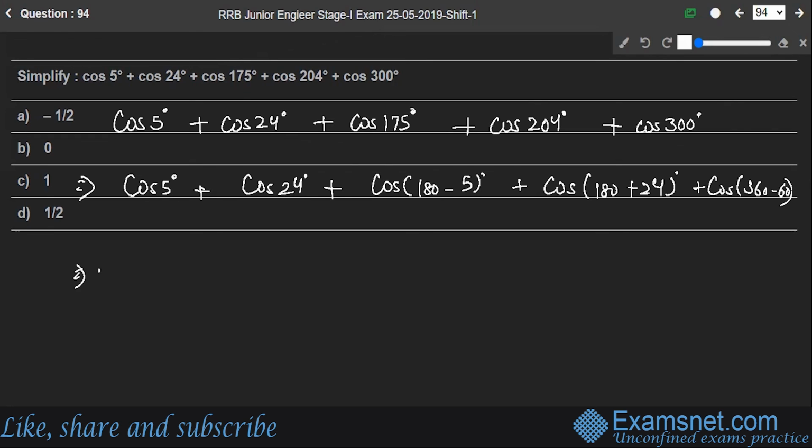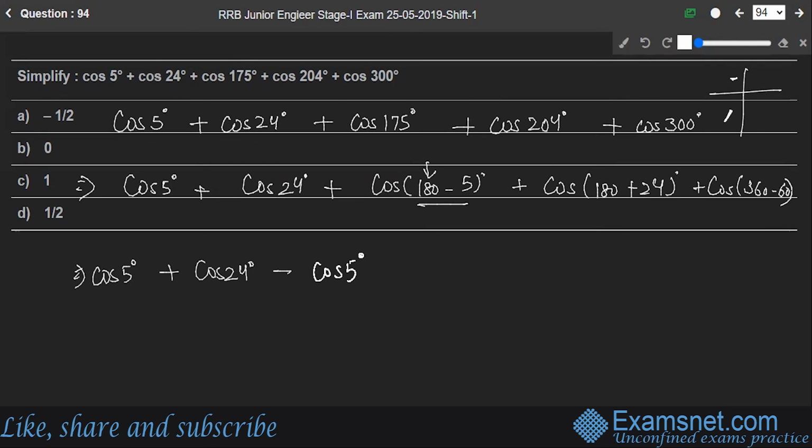Now 180 minus 5 lies in the second quadrant. Second quadrant cos is negative and 180 will not change the trigonometric ratio. So this will be minus cos 5 because in the second quadrant, cos is negative.